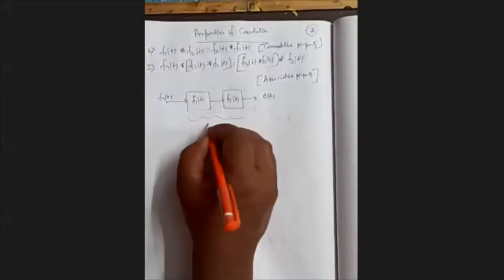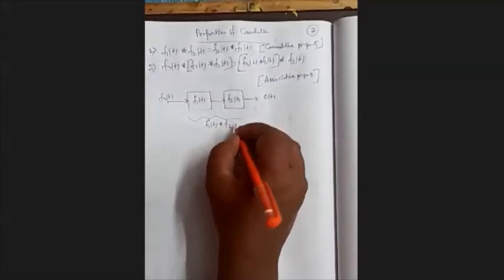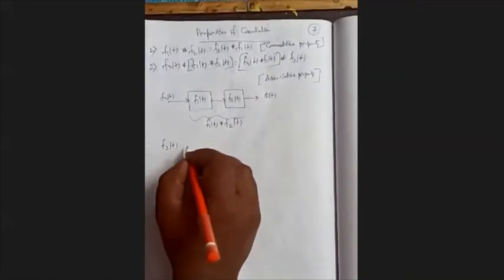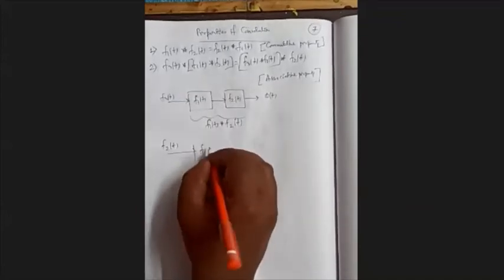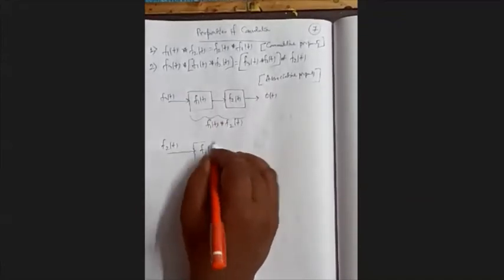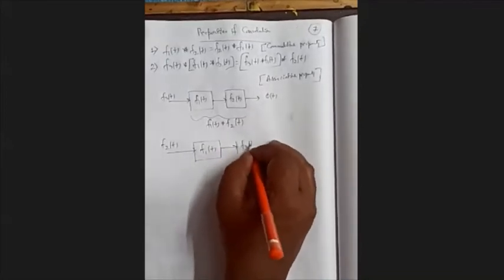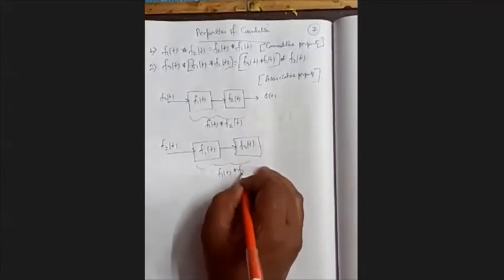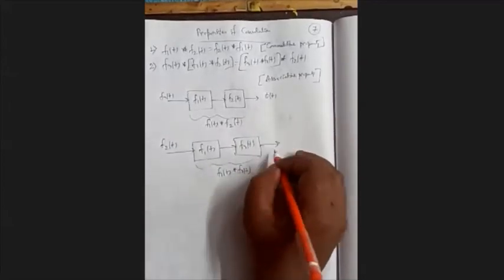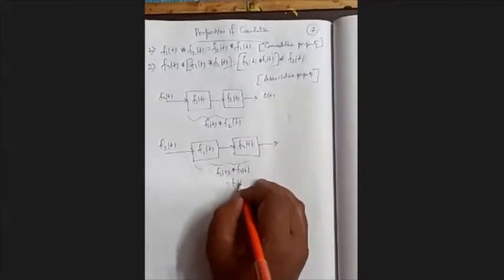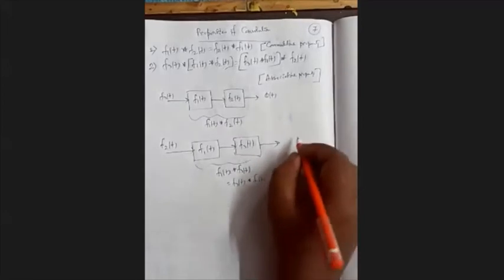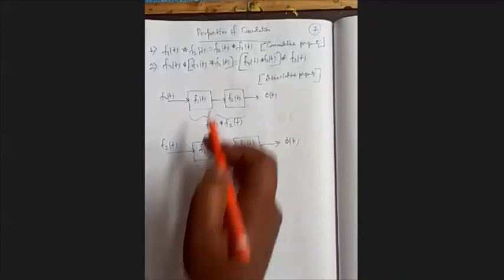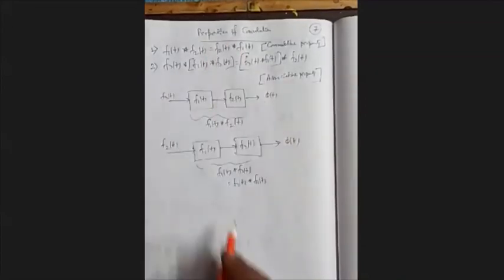So that is the convolution of f1t and f2t. Now if we interchange, if we apply f2t as the input and say here f1t and f3t here, it means it is f1t convolved with f3t. So ultimately it is also equal to f3t convolved with f1t. So it is our phi t. We can interchange them by commutative property. The result is the same, phi t.